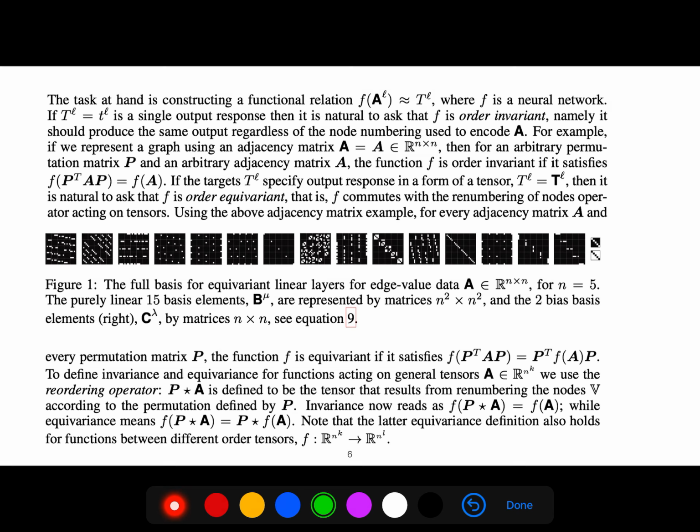So it should produce the same output regardless of the node numbering used to encode A. For example, if we represent the graph using an adjacency matrix, then for an arbitrary permutation matrix P and an arbitrary adjacency matrix A, the function f is order invariant if it satisfies f of P transpose A P should be equal to f of A.